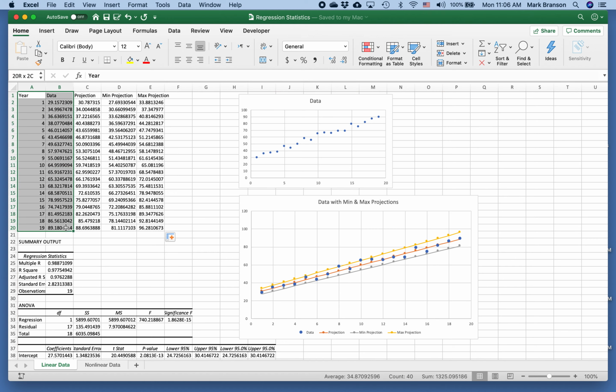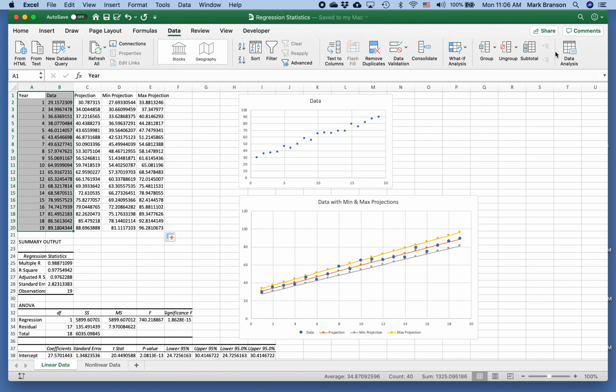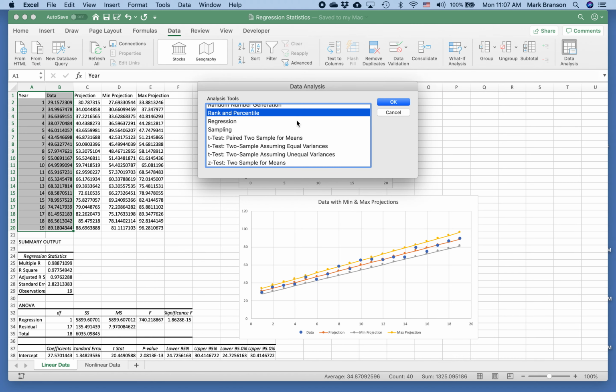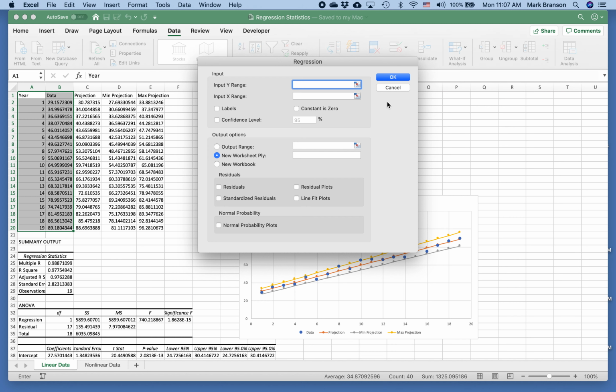So I started off here with some data. I started off with these data points, and you can see from the graph this data is very, very linear. Okay, so there's clearly a linear relationship from looking at it, and we're going to see that's reflected in the statistics. From this data, I did my regression. So I went to data, data analysis, did my regression.